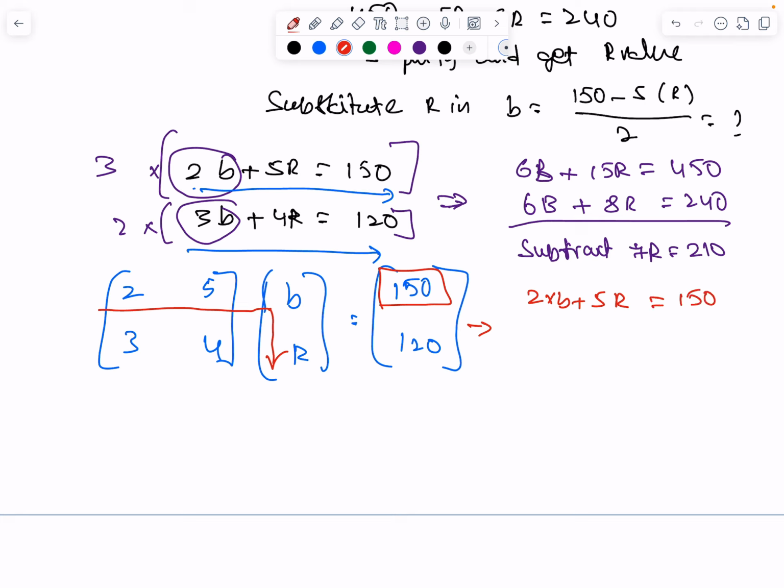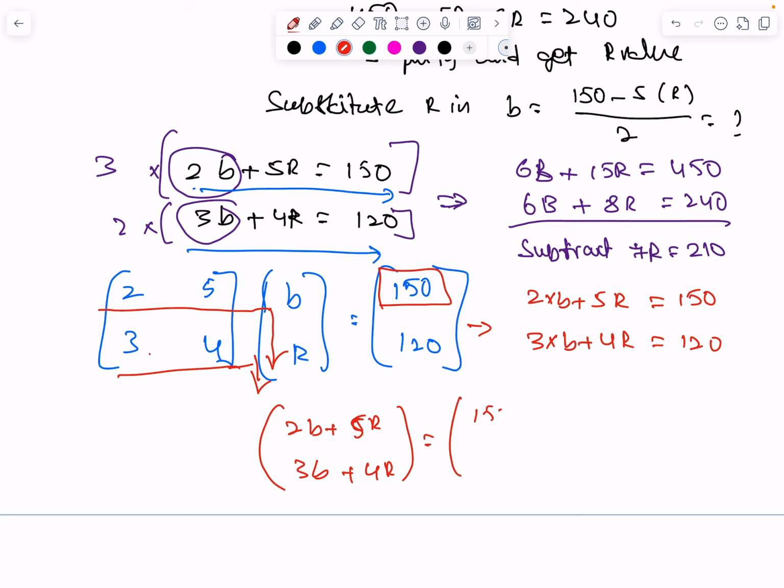Similarly, I am multiplying this, again in the same order, 3 must be multiplied with b, and 4 must be multiplied with r, is equal to 120. In other words, whenever you do that, 2b plus 5r and 3b plus 4r equal 150 and 120. If you equate, then you are getting exactly that.